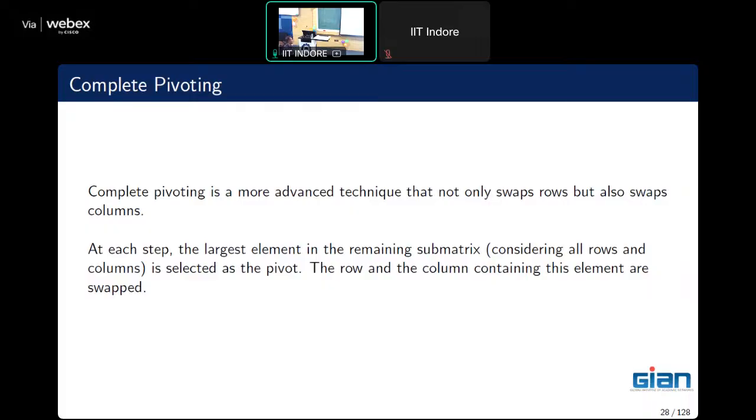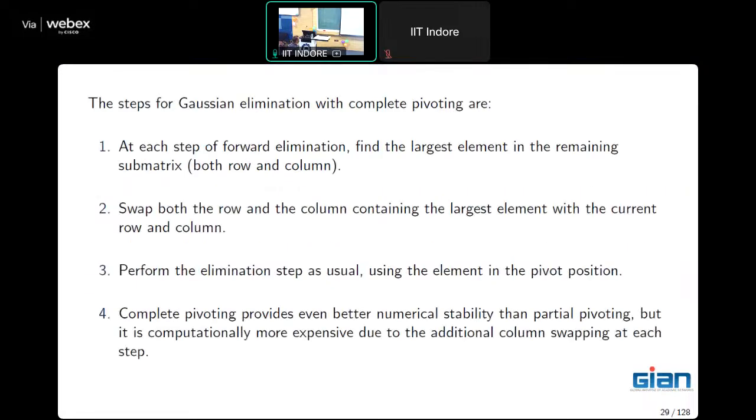The row and the column containing this element are swapped. So complete pivoting provides even better numerical stability than partial pivoting, as I mentioned before, but it is computationally more expensive due to the additional column swapping at each step.